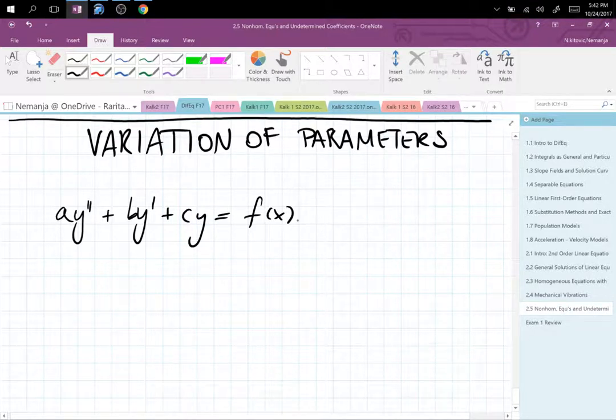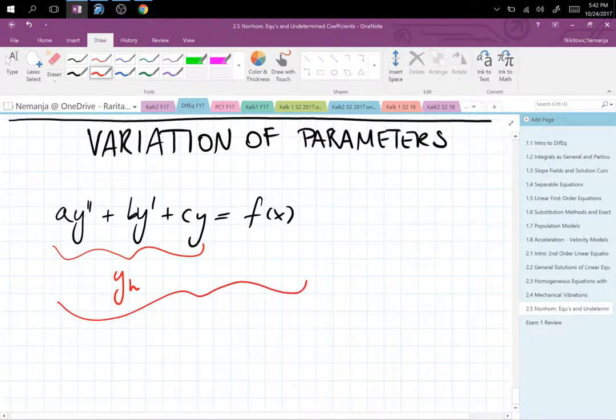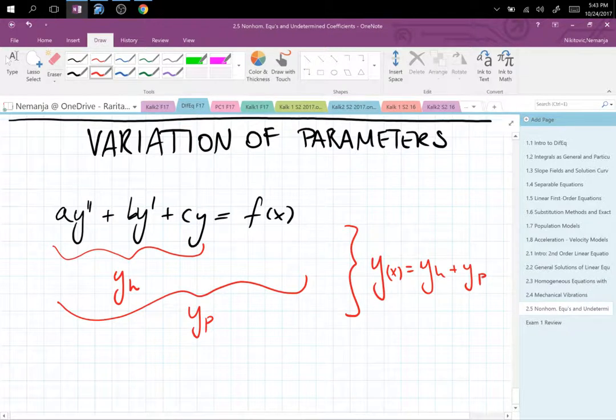Now, we know that from this part here, we get yh, which is the homogeneous part, and then we get yp, and then we combine those so that the total y of x would be yh plus yp.